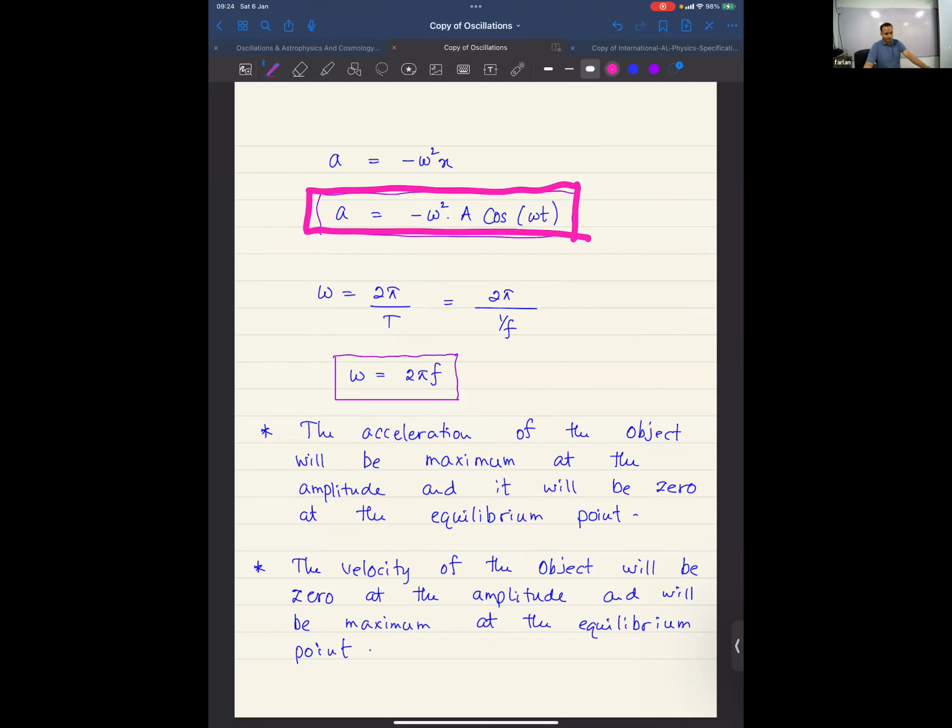Take that down. And we also know omega is equal to 2 pi over T. If you replace T with 1 over f, you will also get omega equals 2 pi f. Take that down as well.